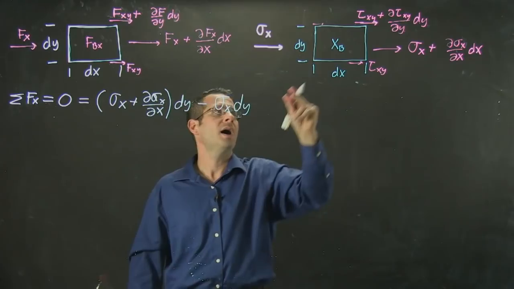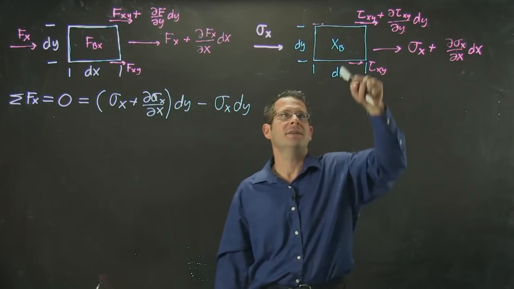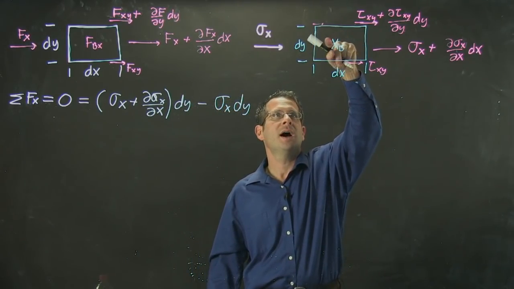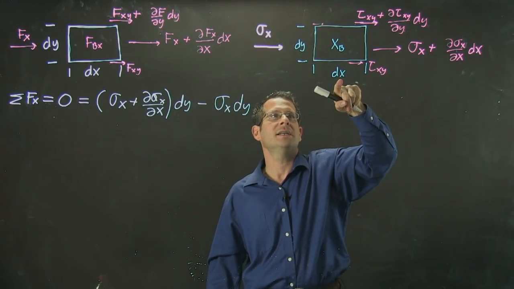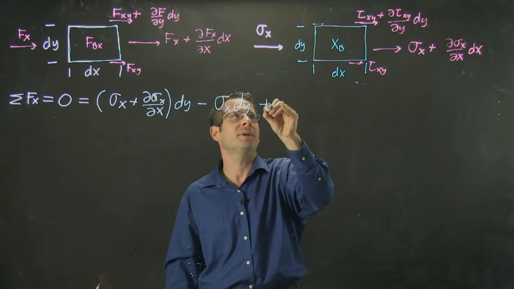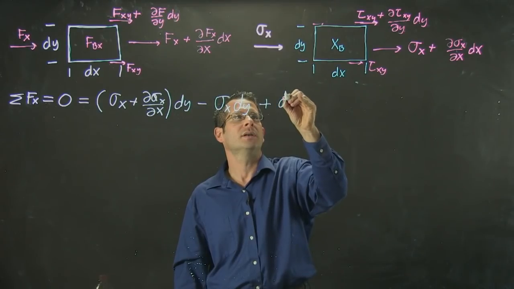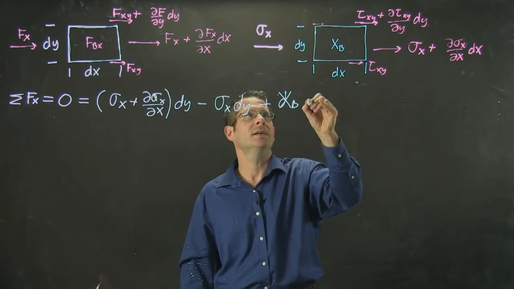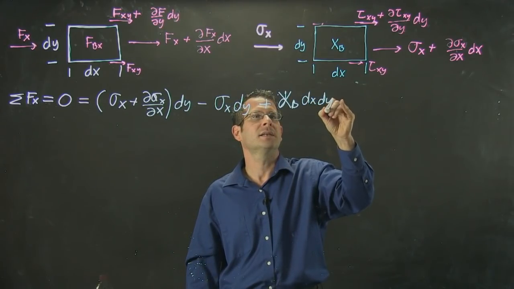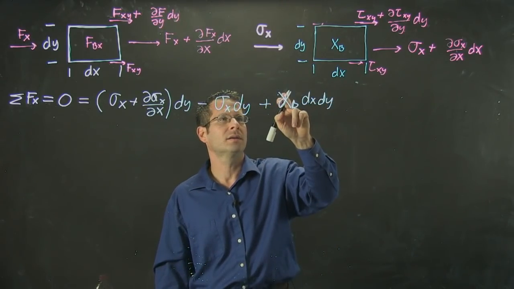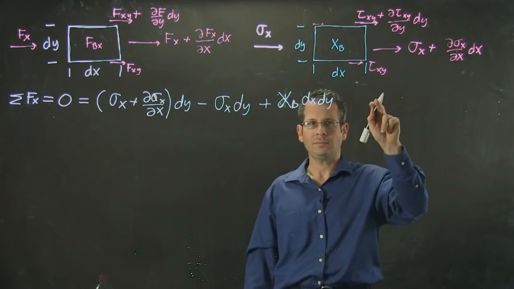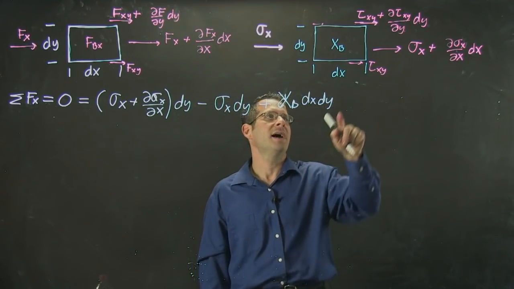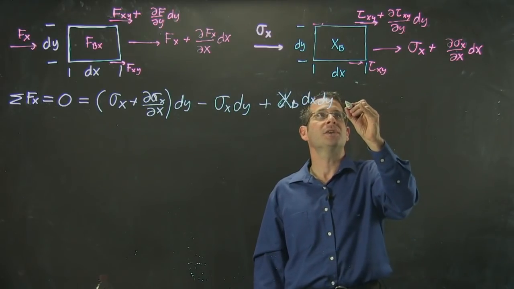I have my body force. Now this is a body force, so I have to multiply it by the area dx dy. I'll have plus xb dx dy. And then I have to deal with my shear forces.